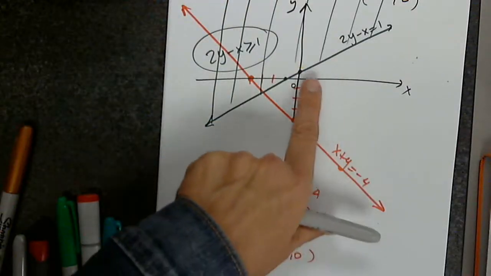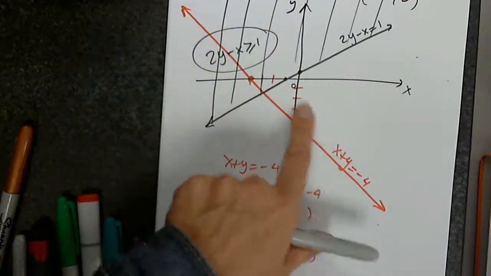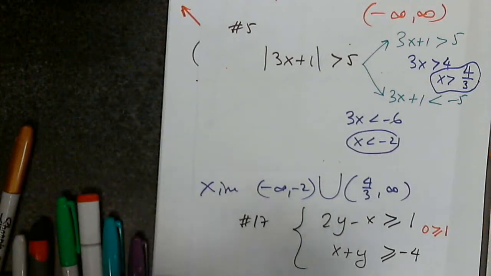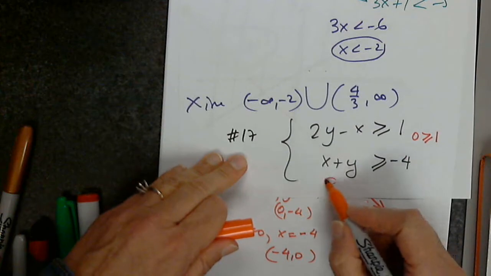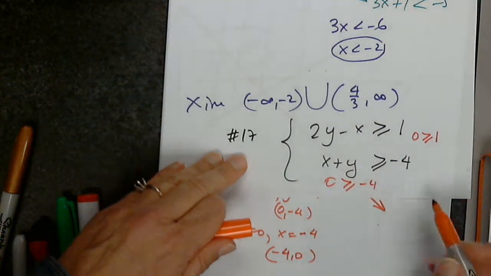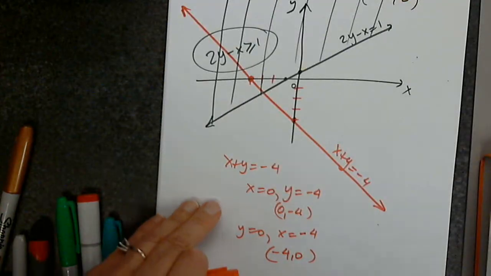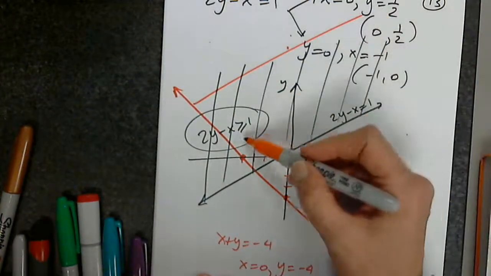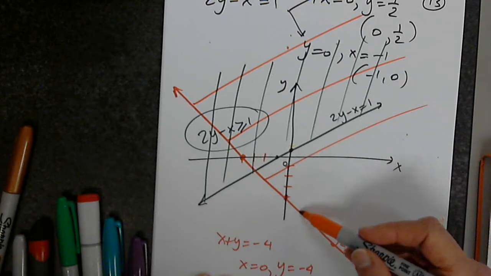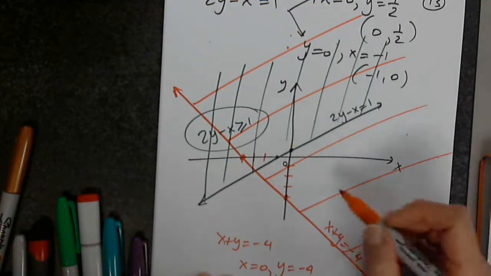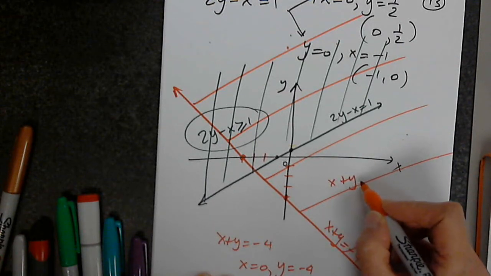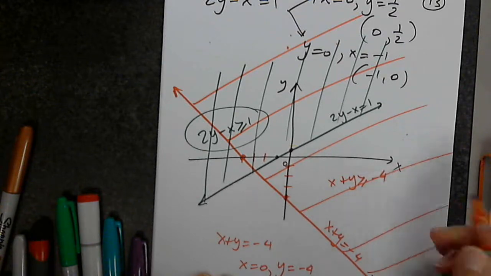By using 0, 0, I'm checking the upper territory. So here's my 0, 0. 0 greater than or equal to negative 4. True or false? True. So I have to shade in the region that has the point that I checked with. So this is x plus y greater than or equal to negative 4.